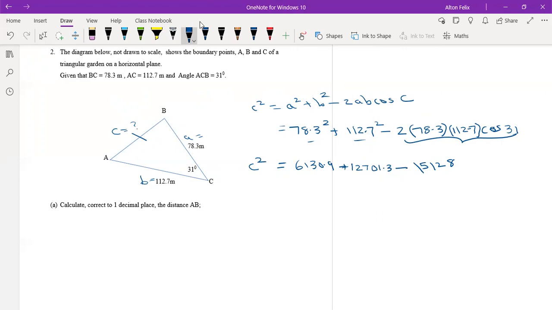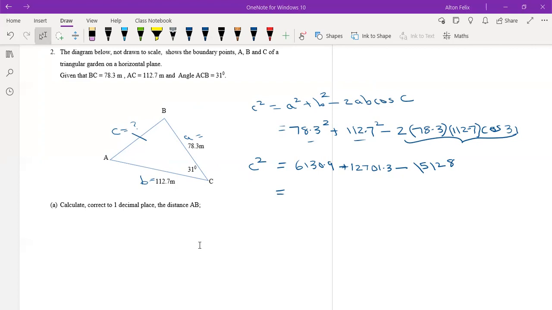So let us work this out. Let's add and subtract. So it's 6,130.9 adding to 12,701.3.